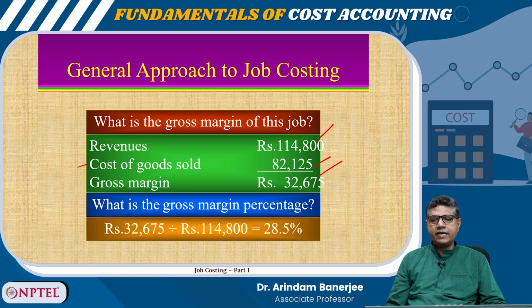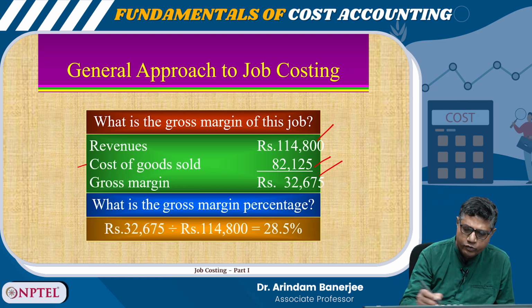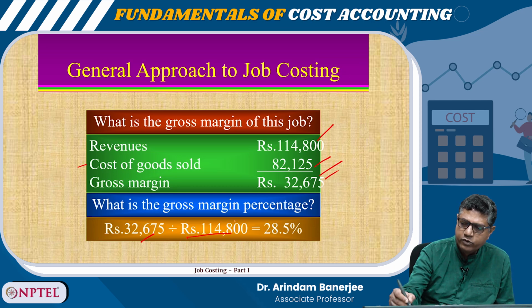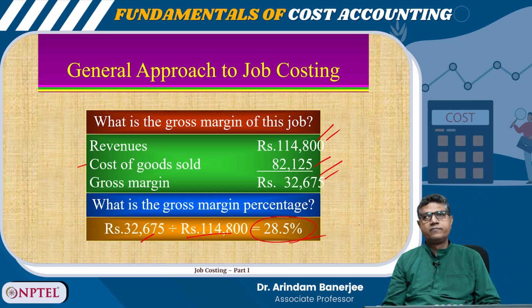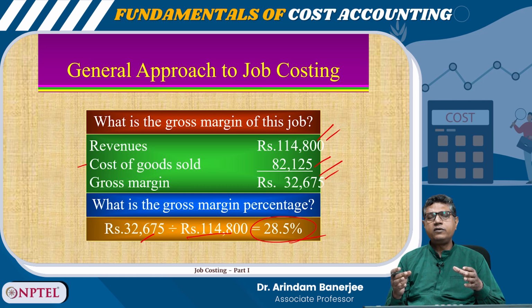For percentage, I can calculate like this: 32,675 coming from here divided by the revenue coming from here. So it is coming to 28.5%. So these are the general steps for job costing. We need to identify the direct costs associated with the job, identify the total overhead, and find some basis for allocation, like in this case the machine hour.